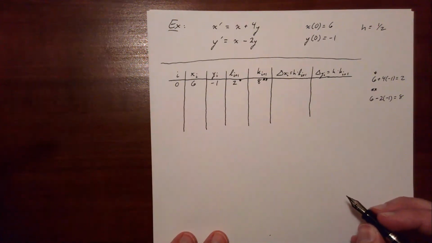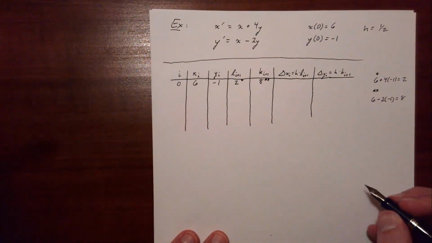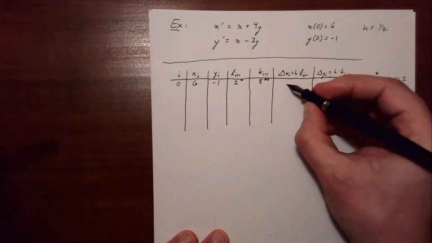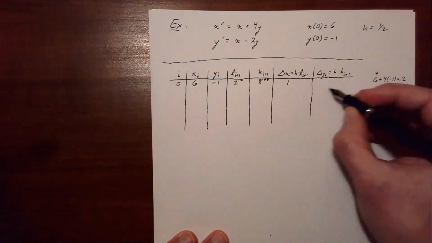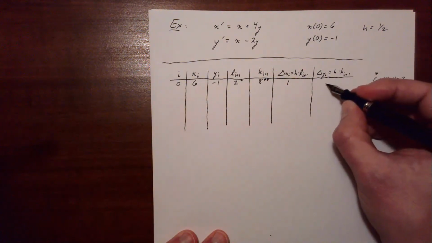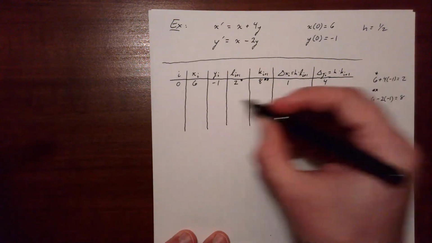Now for the changes in the x and the y, that's just h times l_i, so that's a half times 2, so it's just going to be 1. And for the y, that's going to be 1/2 times the 8, which is going to be 4.